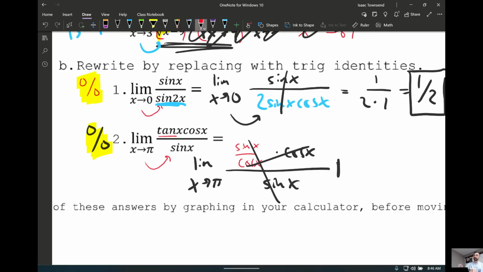So you can now do direct substitution. It's just that there's no x's to plug into this, so you can't plug pi in anywhere, so your answer is just 1. So again, not a hard trig identity. I know you know tangent is sine over cosine, but you have to sometimes think to try that to make it look different.